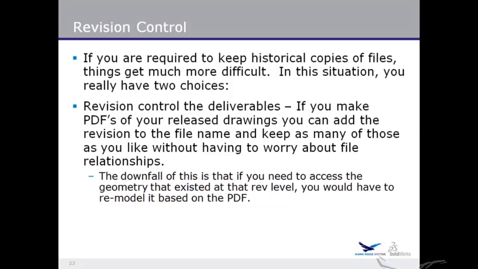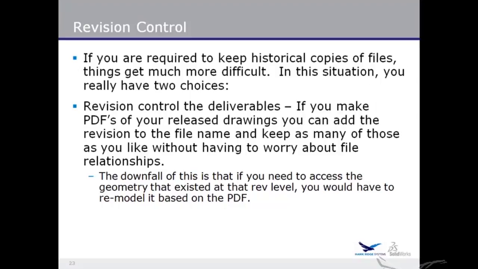And you've actually got a couple methods of doing this if you need to retain history. The easiest way is to revision control the deliverables. What I mean by that is most people have a deliverable drawing that they use on their shop floor. Most people keep this in the form of a PDF.